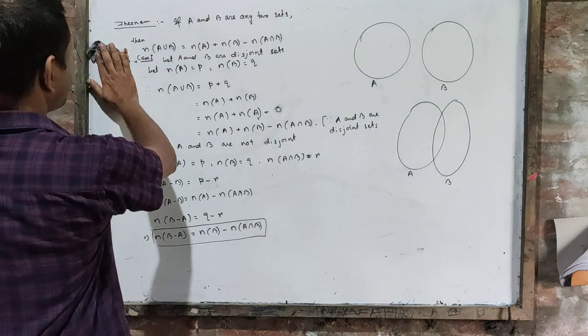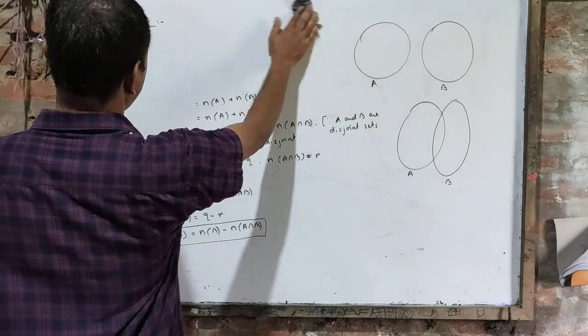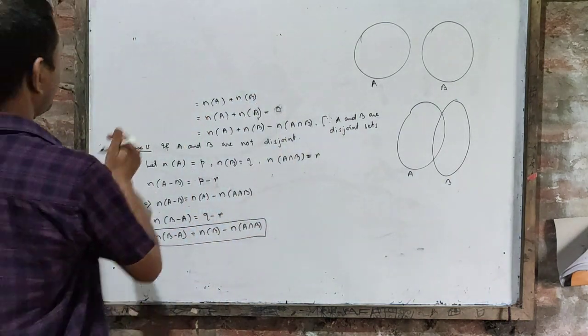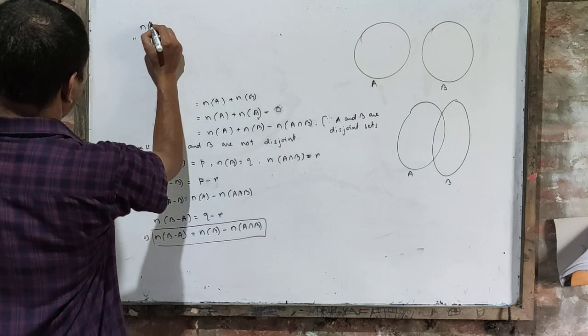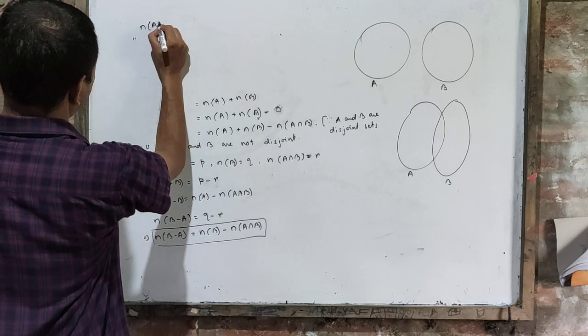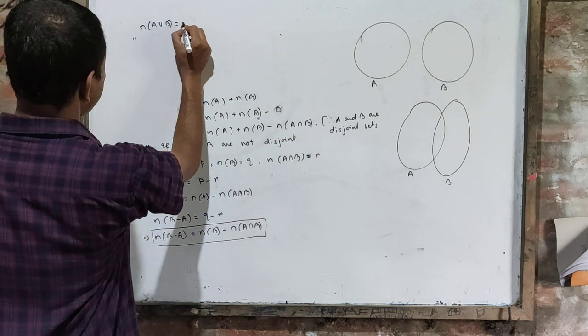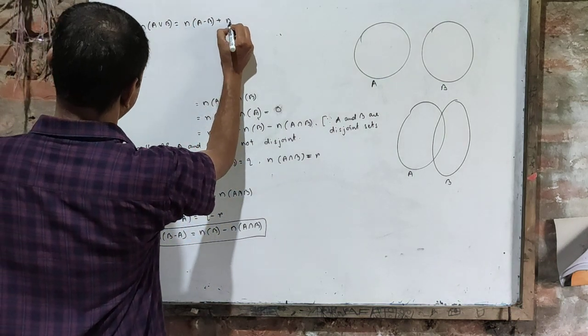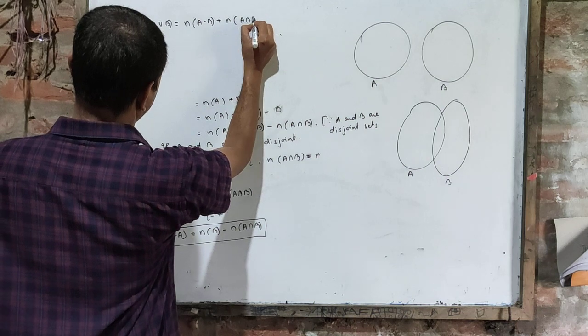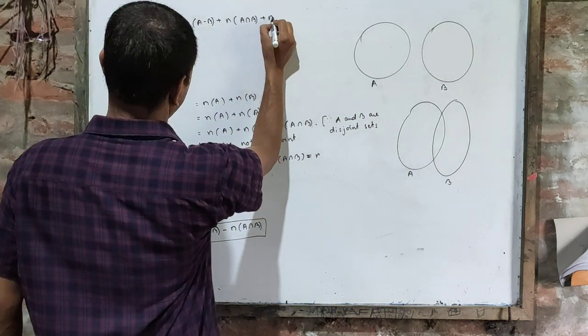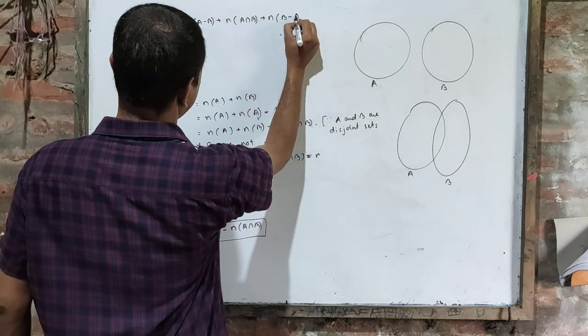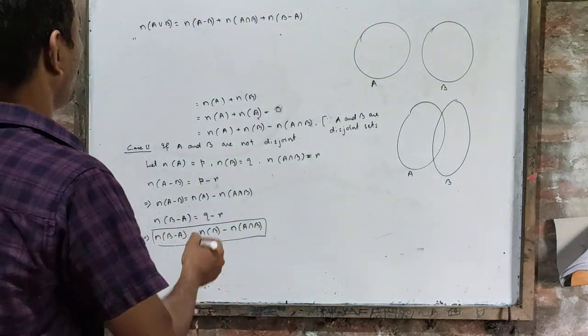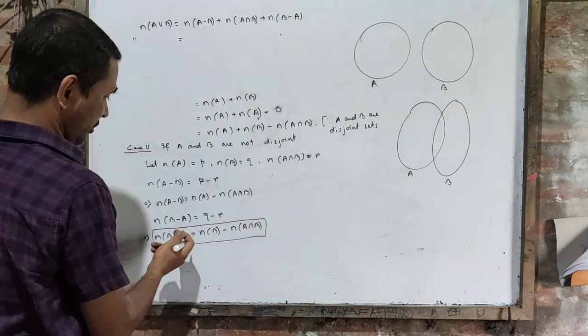So from Venn diagram, N of A union B is equal to N of A difference B plus N of A intersection B plus N of B difference A.